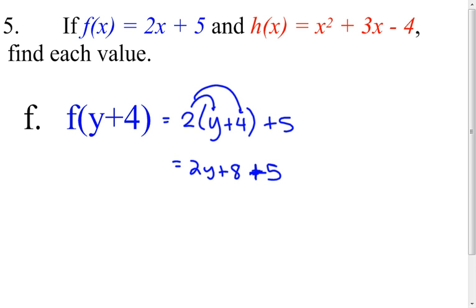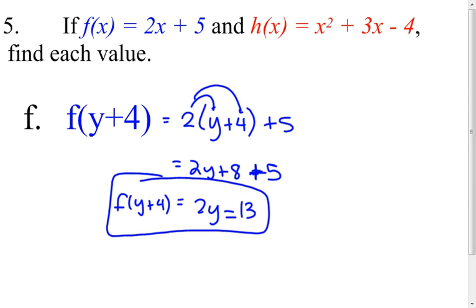Okay, and of course the 8 and the 5 can be combined to make 13. So f of y plus 4 is 2y plus 13. All right, and that should do it.